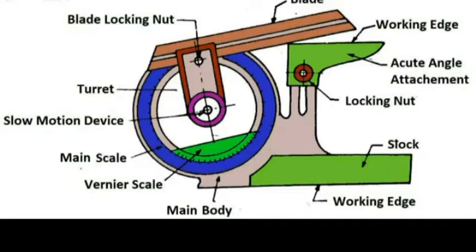It is about 150 or 300 mm long and 13 mm wide and 2 mm thick. Its ends are beveled at angles of 45 and 60 degrees. The acute angle attachment can be readily fitted into the body and clamped in any position.